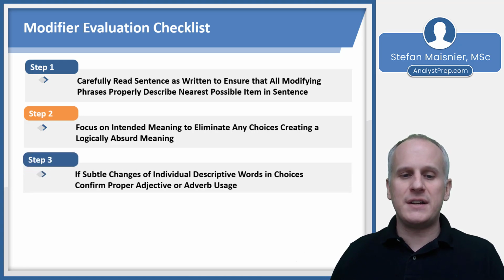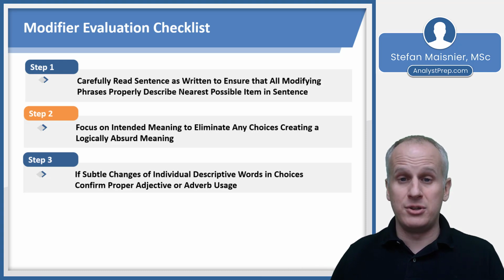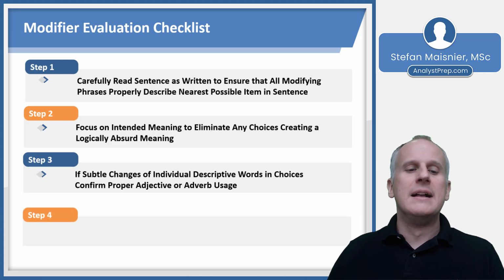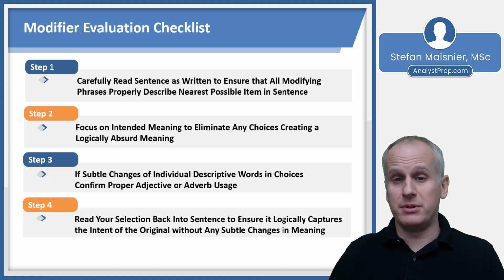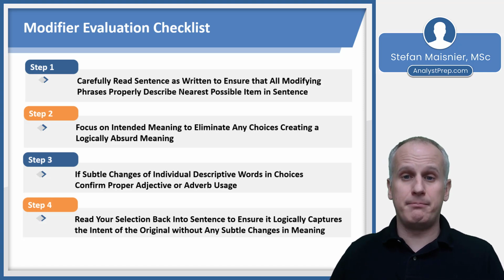And then, if subtle changes of individual descriptive words happen in the choices, you need to confirm proper adjective or adverb use and potentially superlative or comparative use. And lastly, of course, read your selection back into the sentence to ensure it logically captures the intent of the original without any subtle changes in meaning. Again, possibly adverb, adjective, possible absurdity when we're talking about modifiers, and possible differences between superlatives and comparatives.